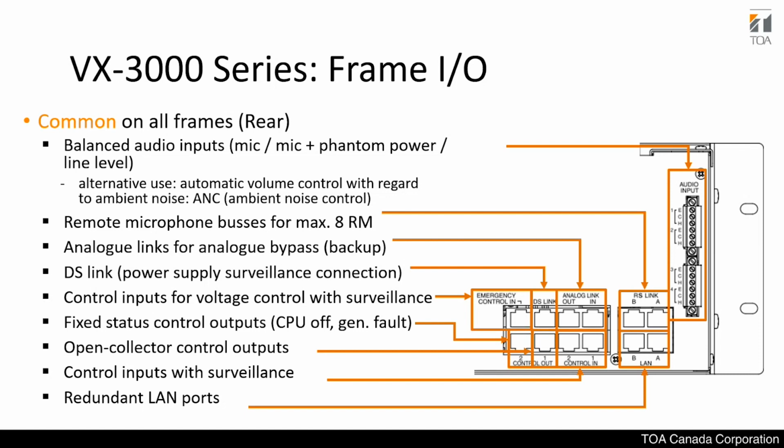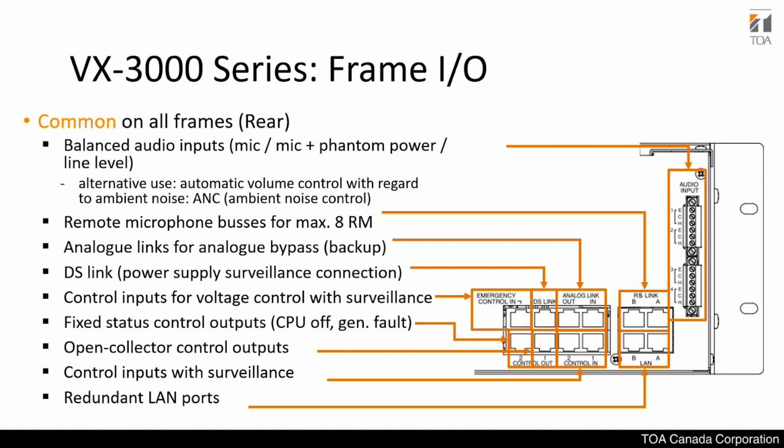This can be fanned out to connect up to 8 remote microphones per frame. So 4 for each connector over here. This is an RJ45 connector that you can break out using a specific accessory and then connect up to 8 microphones to it.